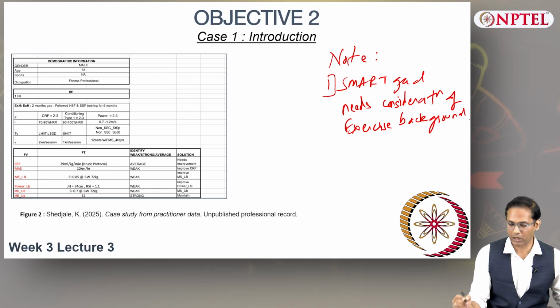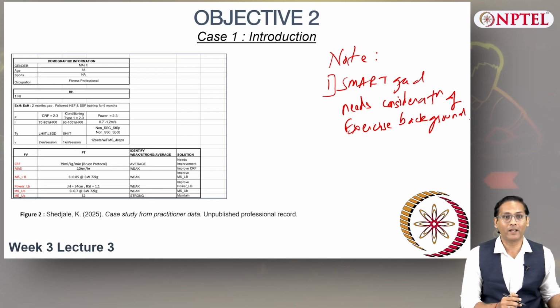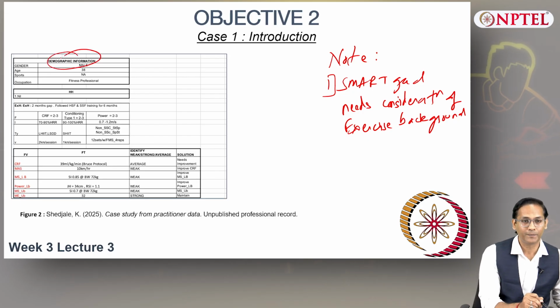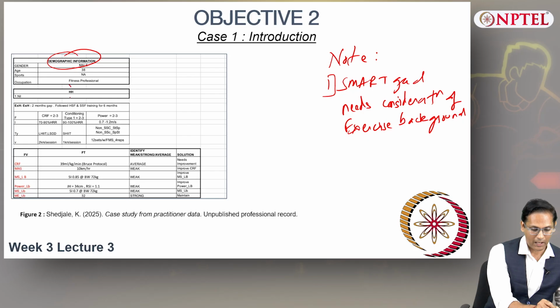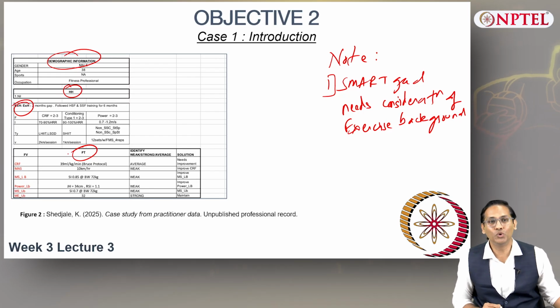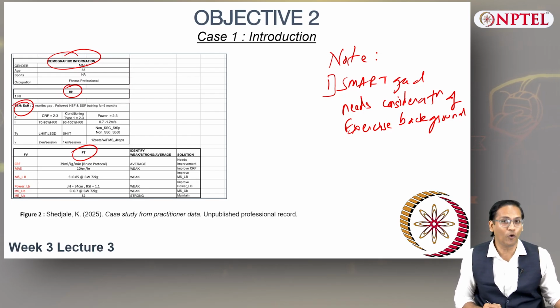What background are we talking about? Now this background is mentioned as demographic information, health history, exercise history and fitness level. So you need to consider these 4 backgrounds.